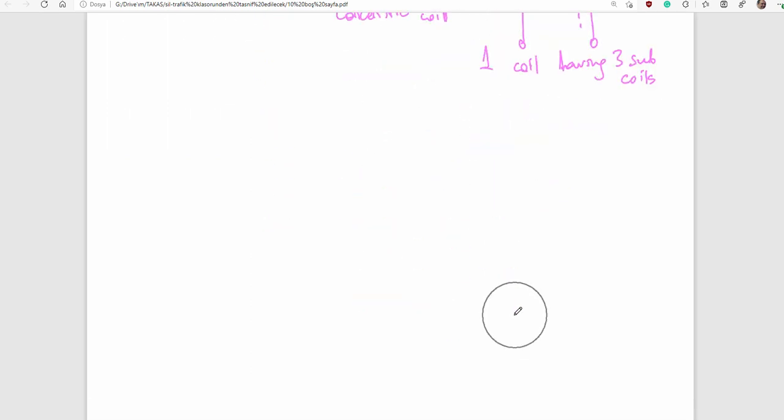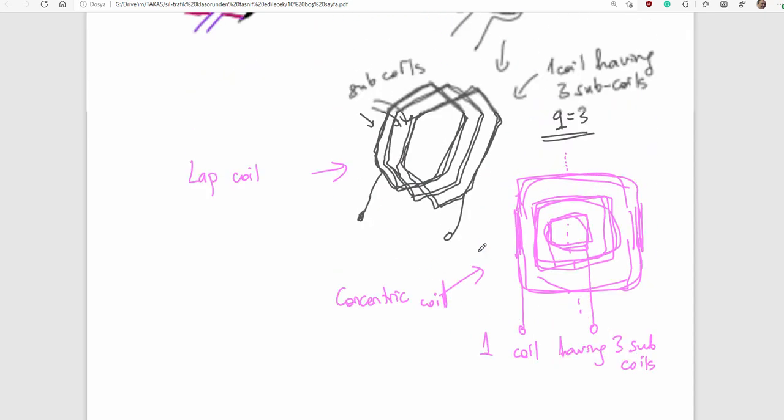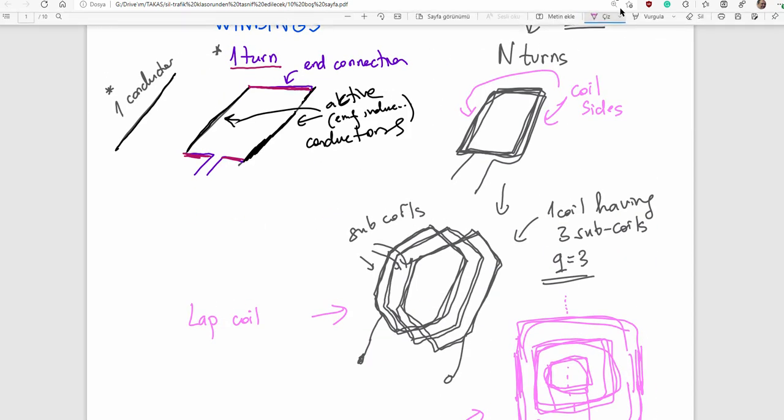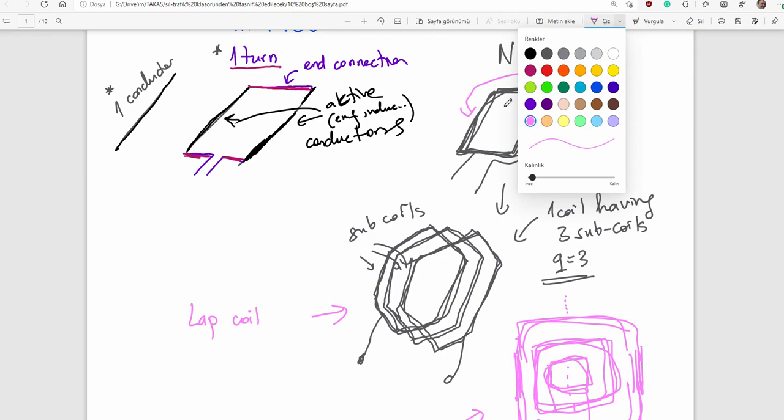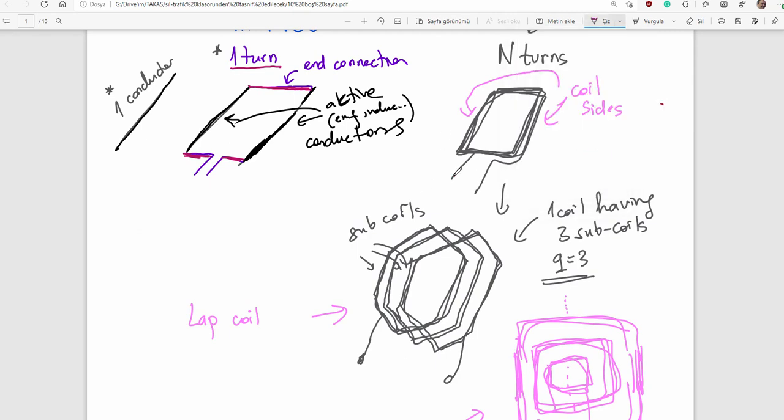In the machine there will be many more coils connected to each other, and generally the conductors will carry some current, whether they are inducing or applied.